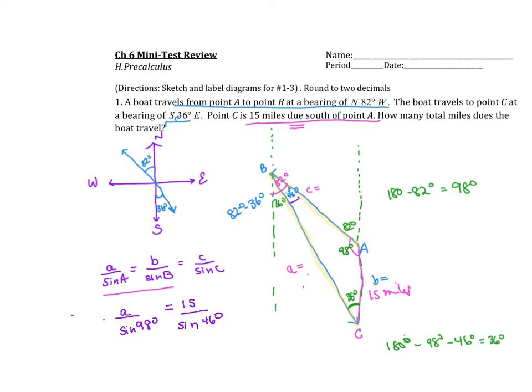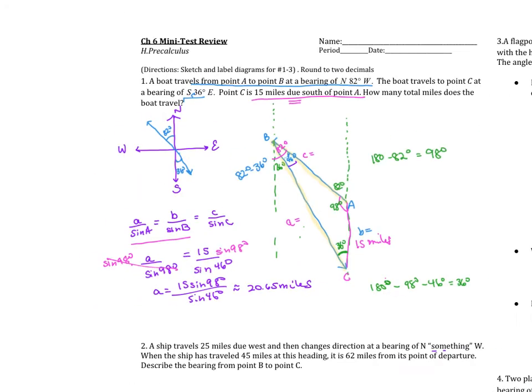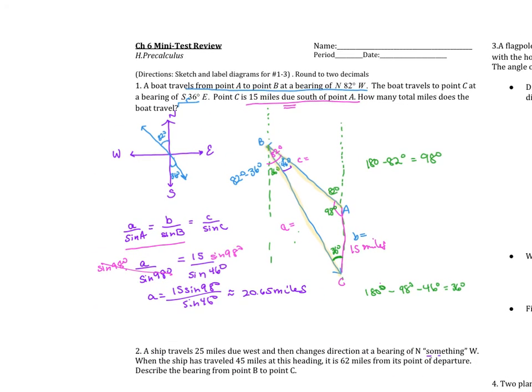Then we'll solve. We'll multiply both sides by sine of 98 degrees, so A equals 15 times sine of 98 degrees over sine of 46 degrees, and you'll find that A is approximately 20.65 miles. Then we'll do the same thing to find our C value.